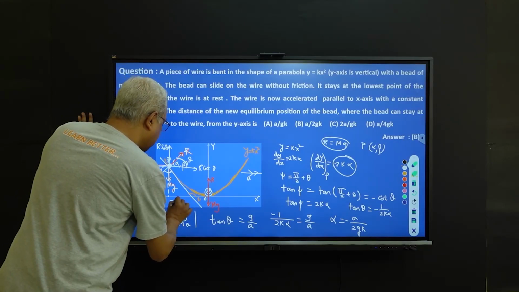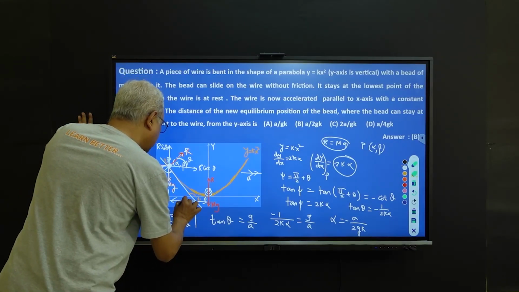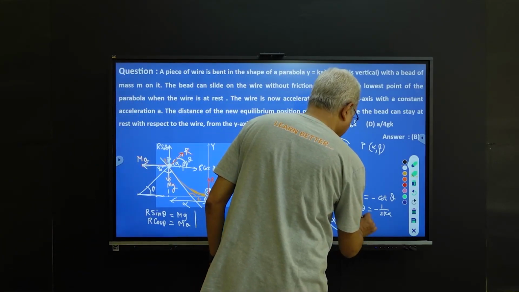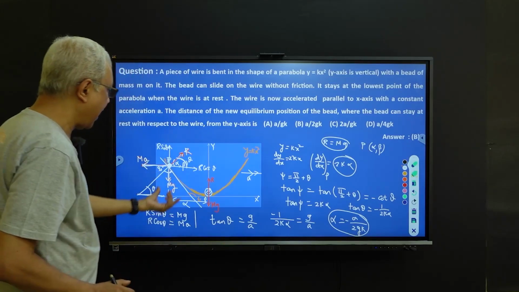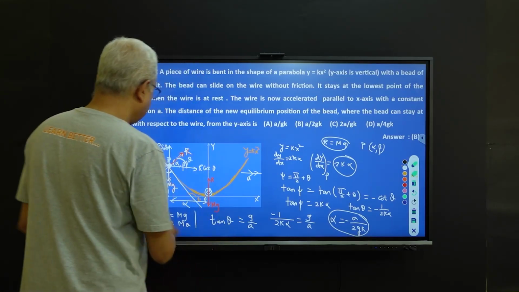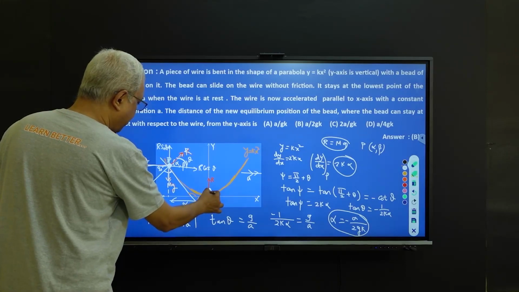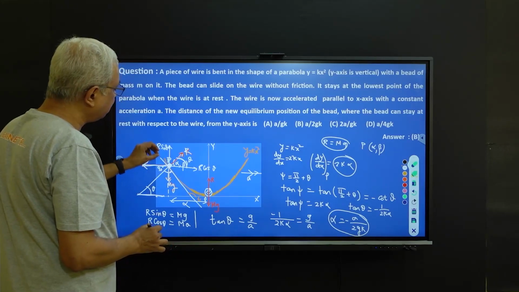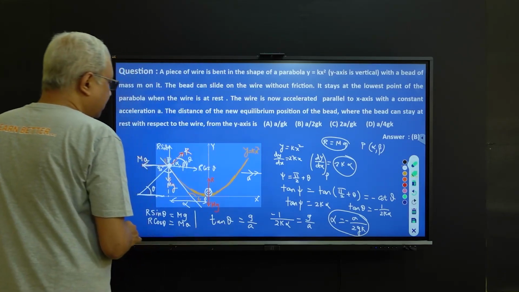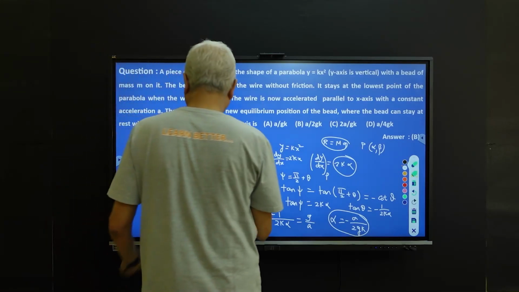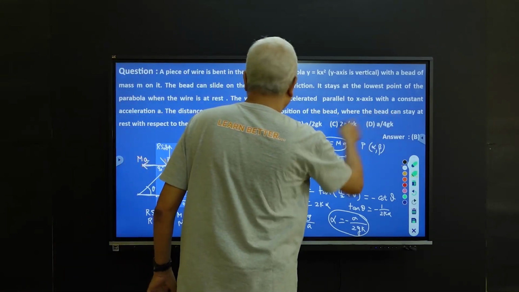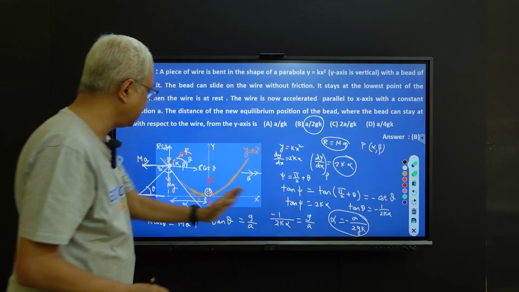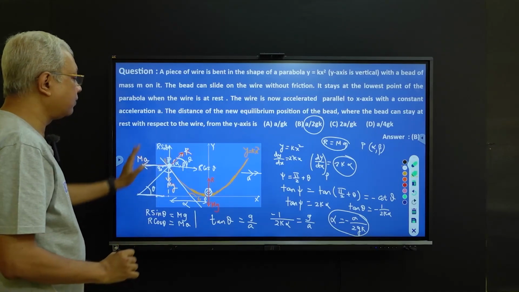So the magnitude of this distance is alpha, and alpha's value is a by 2gk. That means if we move along a by 2gk and go vertically up, we reach a point on the parabola. At this point, the bead will be at equilibrium. So the distance of the point from the y-axis is a by 2gk, and the negative sign indicates that it is in the left part of the parabola.